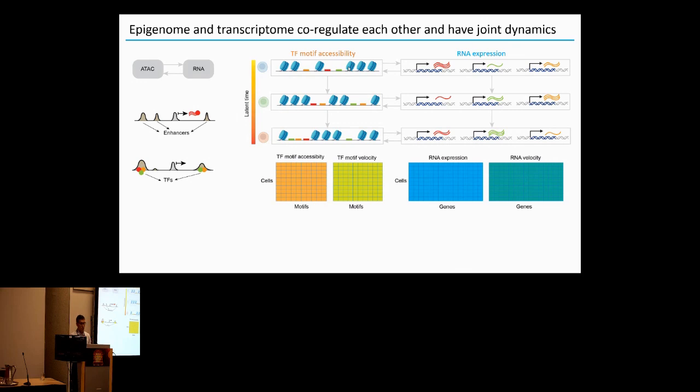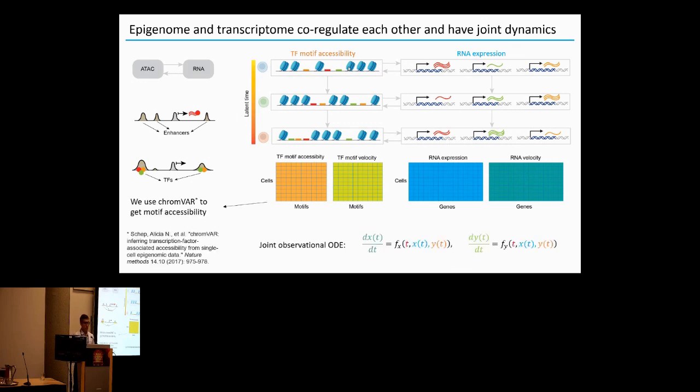So we have a joint dynamical model instead of just one. The rate of change in both expression and motif accessibility are jointly a function of each other. And our goal here is to learn these functions, fx and fy, and also a latent time for each cell, because this is also hidden.